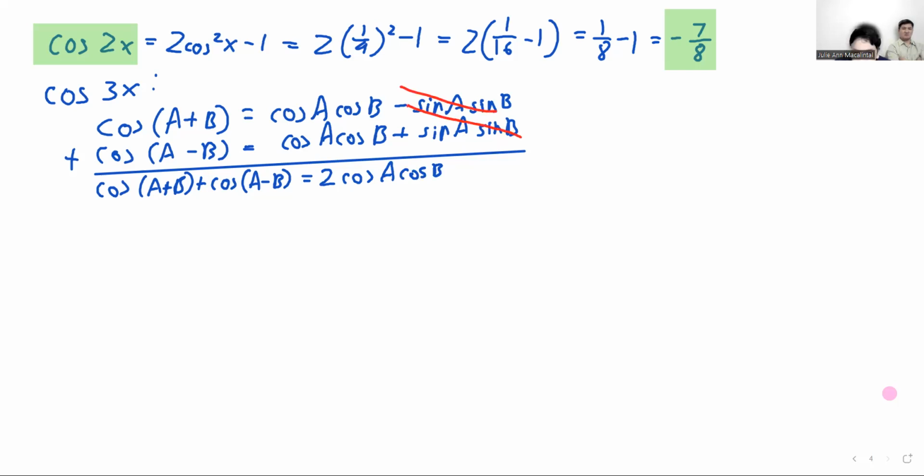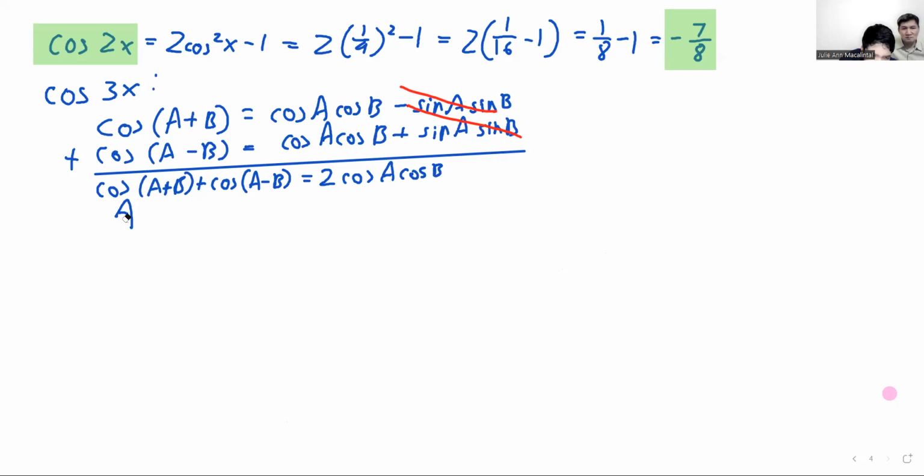In the previous video, I still had the hassle of finding sine of 2x and sine of x. That's rather tedious. So here we simply eliminated that.